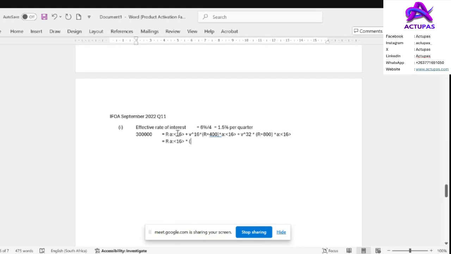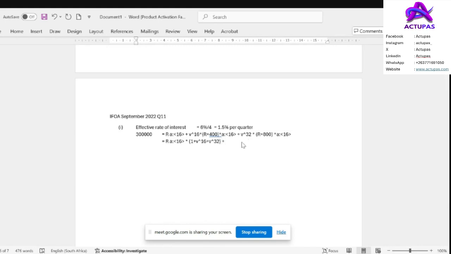times, open brackets, we have our 1 plus, in this part where we have R a16, it would be v to the power 16, plus in this part where we have your R a16, it will be v to the power 32.